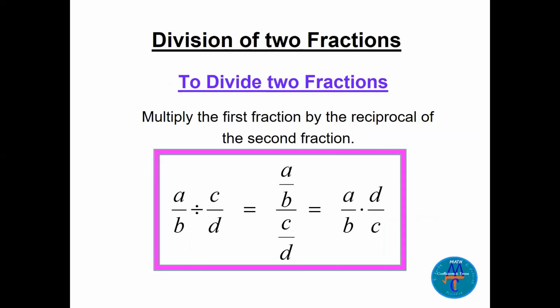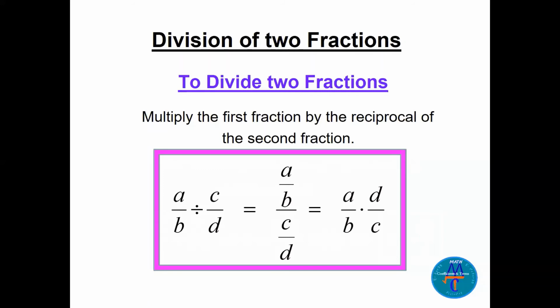Now, I just want to highlight a very important formula we use in division of two fractions. It is very important in algebra, pre-calculus, calculus 1, calculus 2, or other math courses. If you divide two fractions, you can write it like this: A over B divided by C over D. Please be careful what you do.